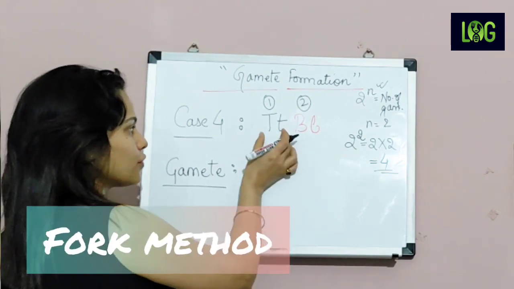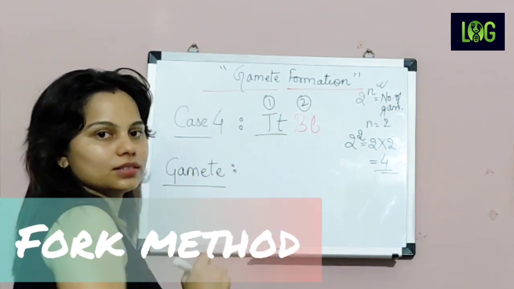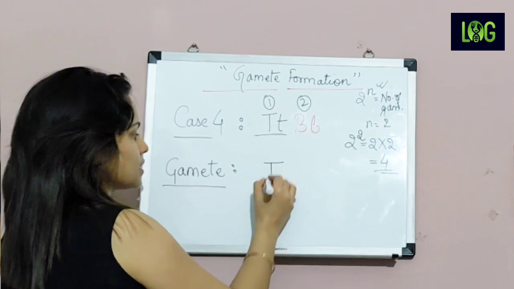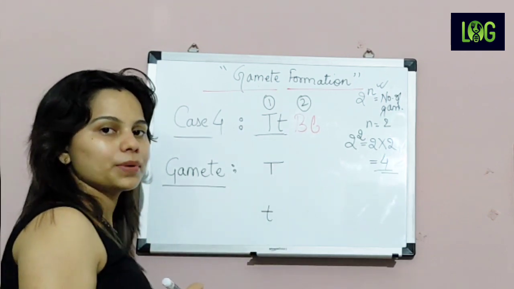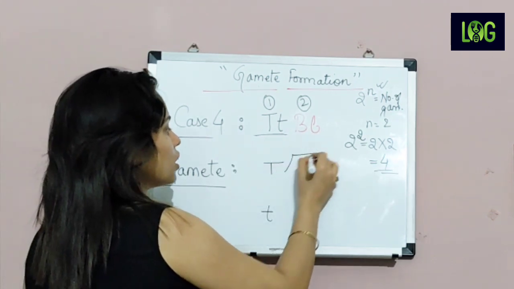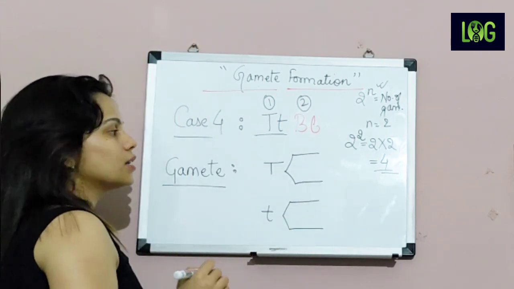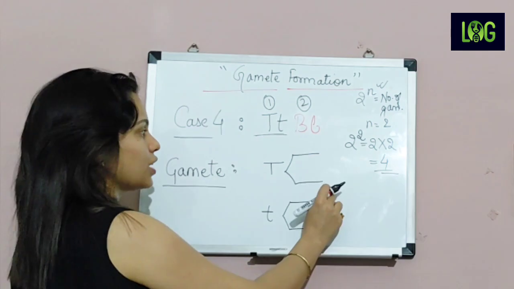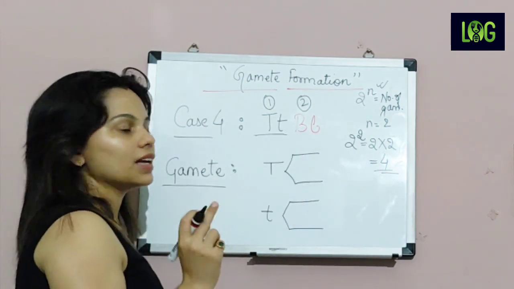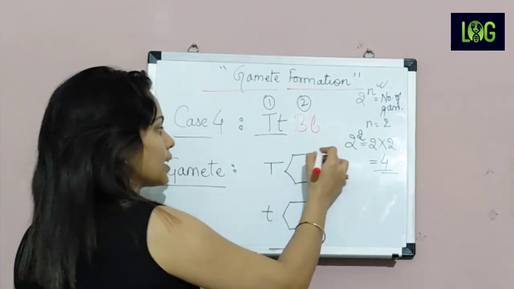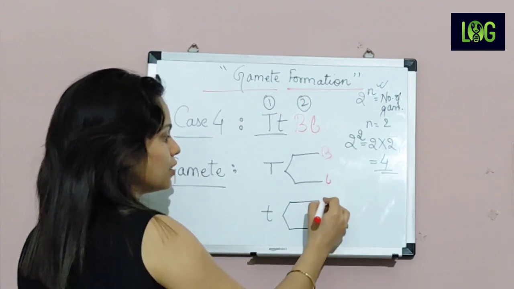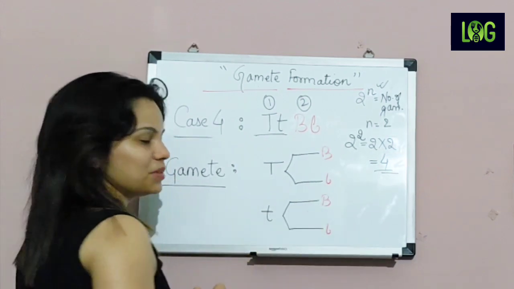In this method, what you have to do is take any one of the traits and write it like this, capital T and small t separately. Then form a fork in front of it. I have formed a fork. Now in the fork, write the alleles of the second trait, that is capital B and small b, again capital B and small b.